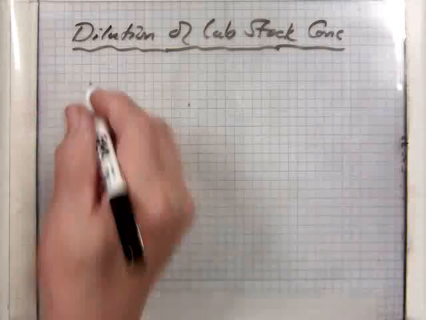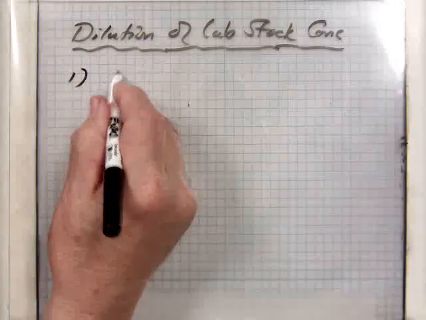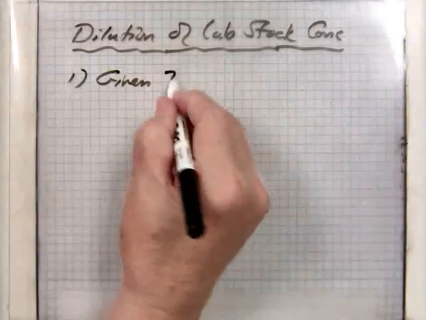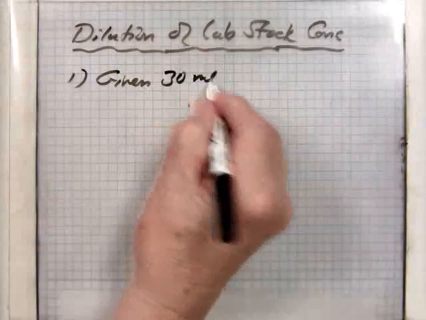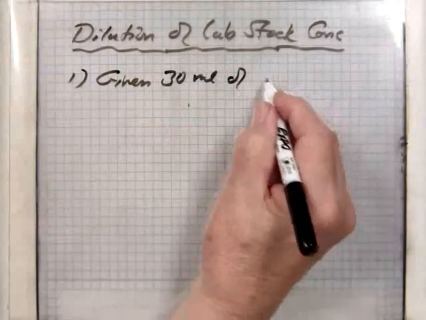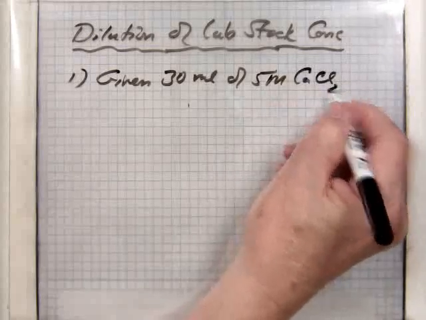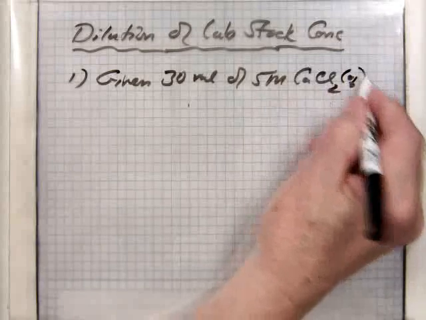So, okay, number one, here you are given 30 milliliters of 5 molar calcium chloride aqueous solution.